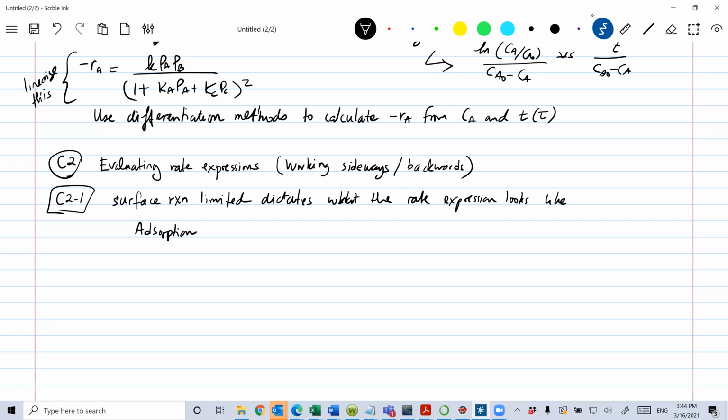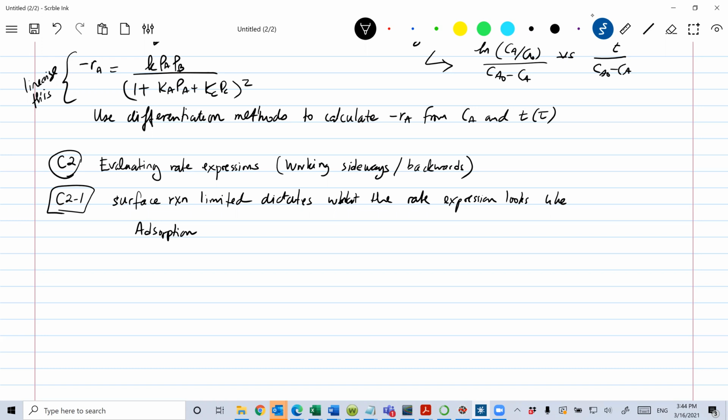Professor, when you say working sideways and backwards, if you were to give us data like you did in number 1, how would you know? We were able to determine the order of the reaction because it's a power law.